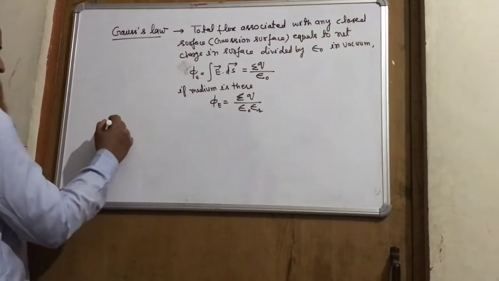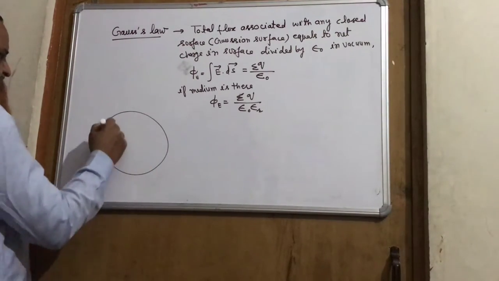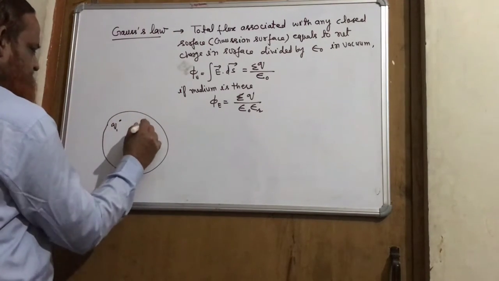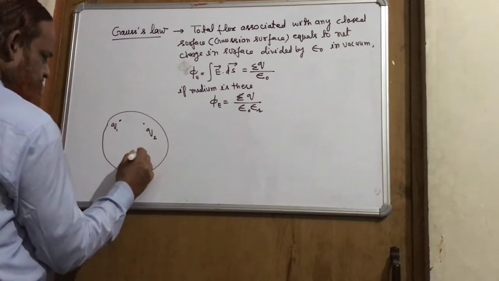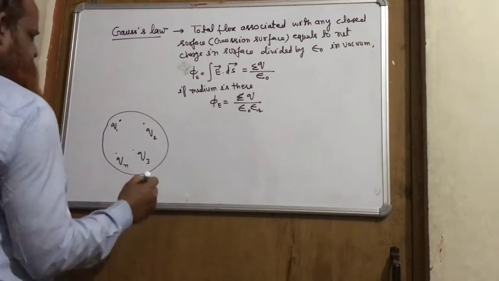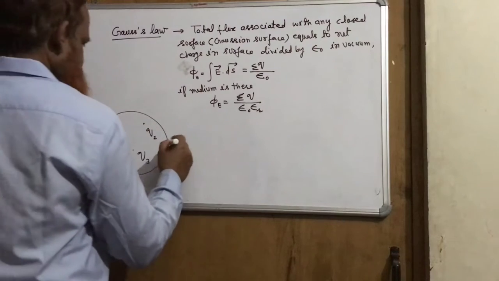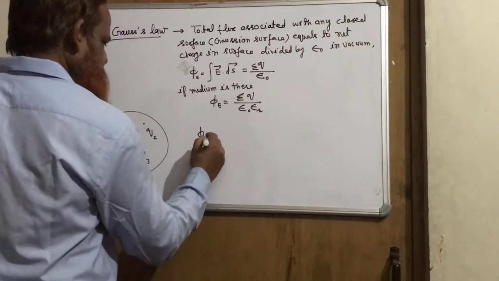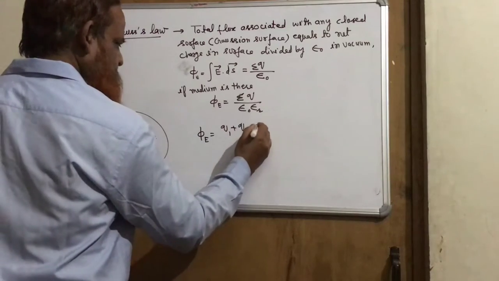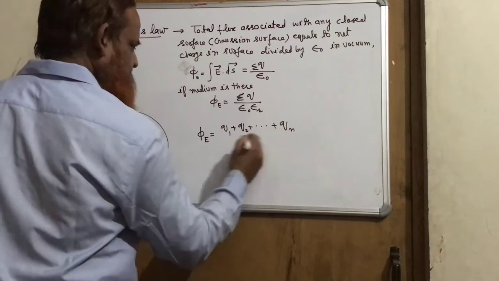Now suppose this is a Gaussian surface and there are charges Q1, Q2, Q3 and Qn. What is the electric flux? It is Q1 plus Q2 plus Qn divided by epsilon naught.